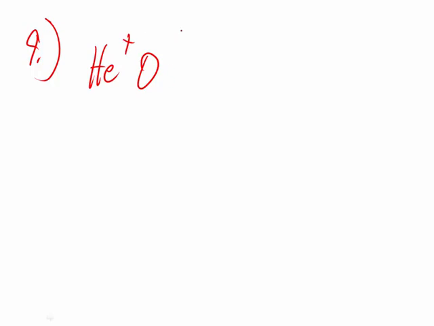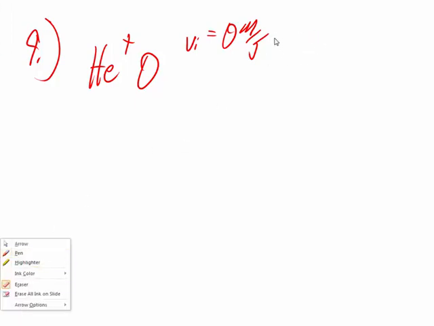We want to accelerate it from initial velocity equal to 0 meters per second to a final velocity. Let me rewrite that using lowercase v, because that is final velocity, not voltage.